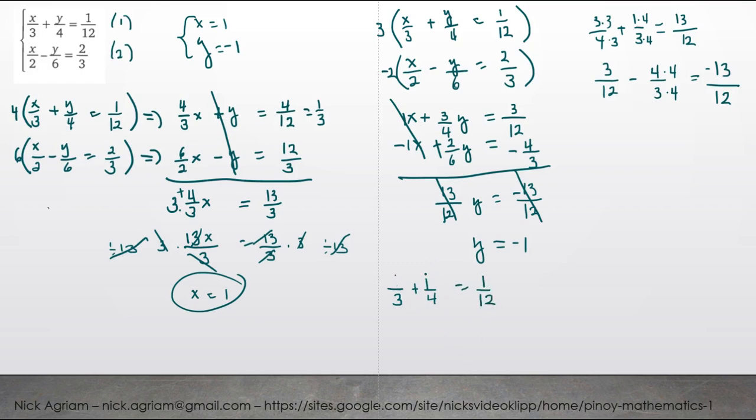Oh, negative, minus, plus negative there. So we have by 4 there, by 4, by 3, by 3, then we have 4/12 minus 3/12. That is equal to 1/12, of course.